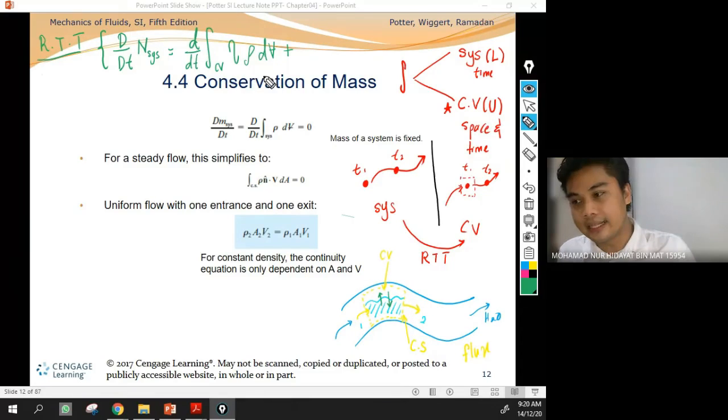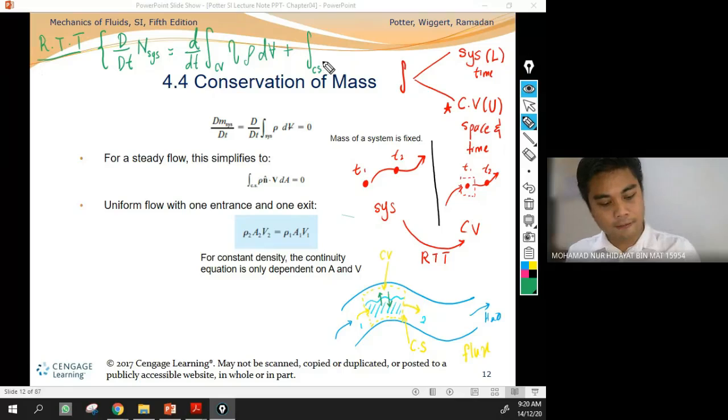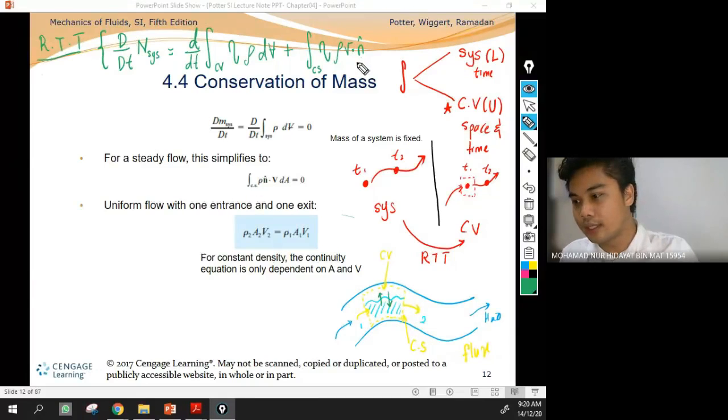This term relates to the control volume and the other term relates to the control surface. So in the control surface is the intensive property rho, V dot product, and the unit vector perpendicular to the surface.